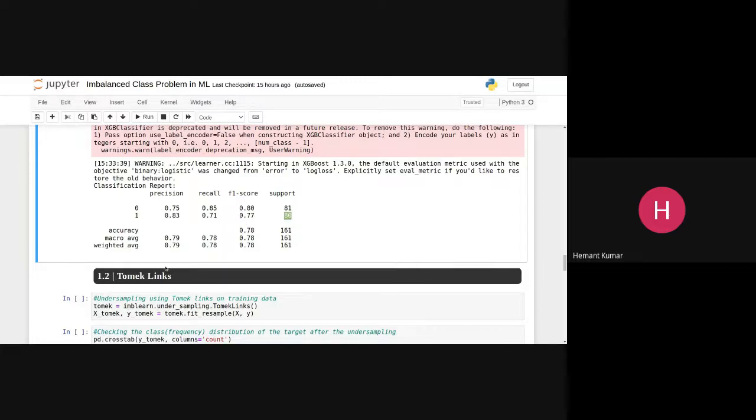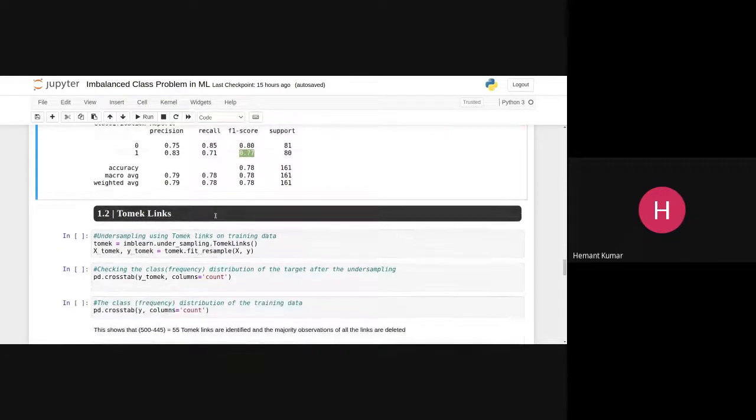So we improve the F1 score and the precision. But the problem is that we have removed some data samples from a particular class, and this causes a loss of information.